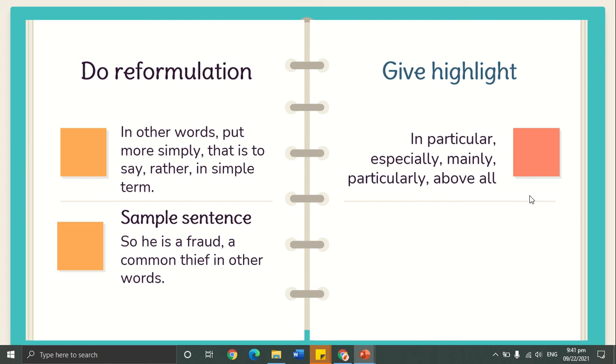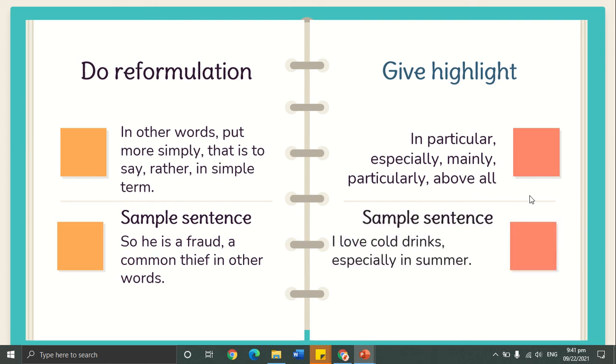Let's see the example. I love cold drinks, especially in the summer. So it highlights, although you love cold drinks, you love them even more during the summer. You highlight that specific season. Kasi oo nga naman, mainit yung panahon, syempre, masarap uminom ng malamig na inumin.